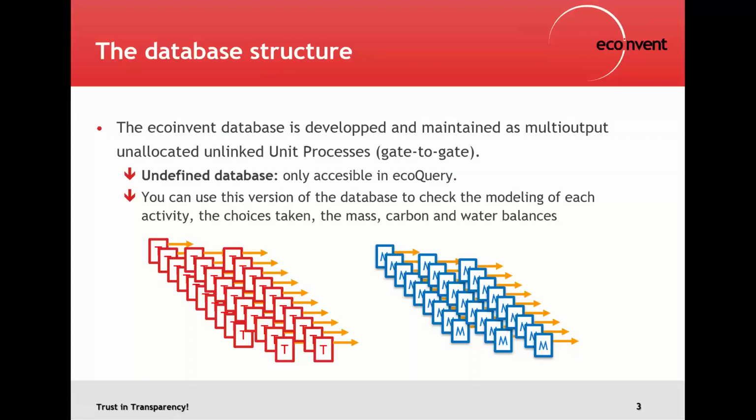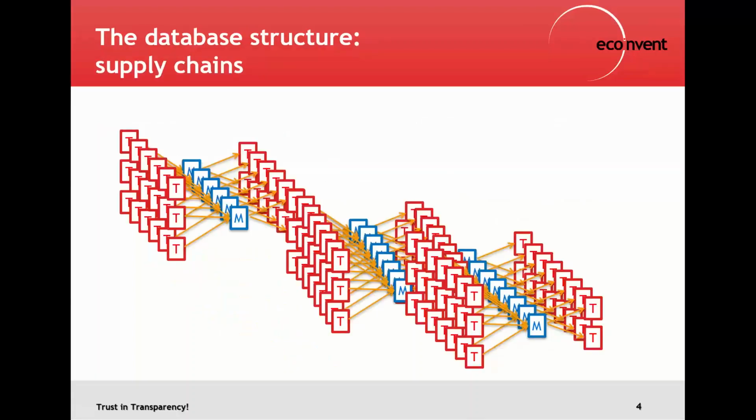This collection of small building blocks is the one that is used to build system models. The first thing when building a system model is to connect the different activities, generate supply chains, and calculate the database. So the different individual elements are connected to calculate a linked database.